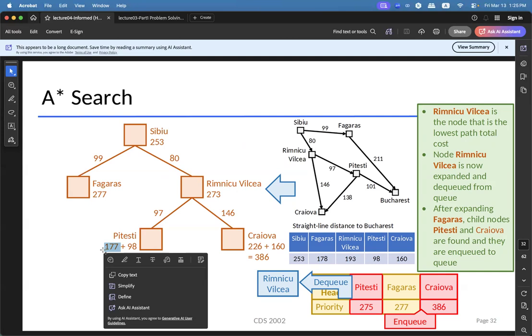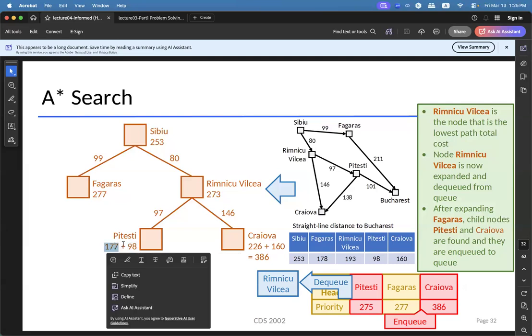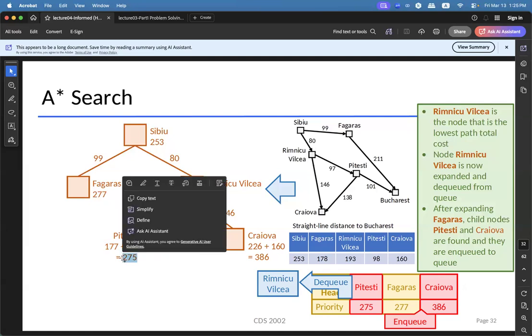Pitesti has a value of 98 as the heuristic value. So we take this value 98 and put it here, combined with the path cost we calculated before, 177. 177 plus 98 equals 275. So this is how it works.